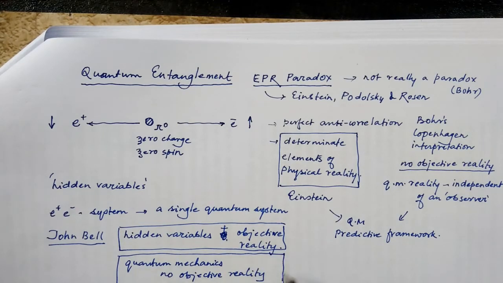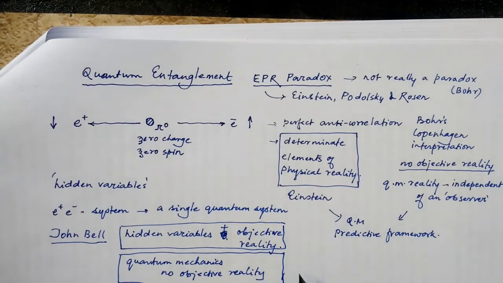Now, how can we transcend this philosophical debate to something which is physics? And when we say physics, we mean that a theory should have an experimental test.